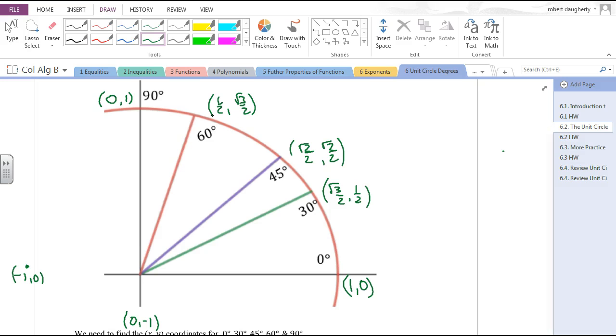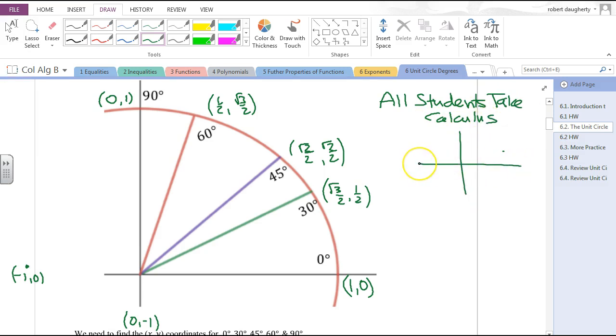The other thing you need to know is the positive and negative signs of all the trig functions. And how do we know that? The other day, we had a sentence. All Students Take Calculus, or create your own sentence if you don't like this one.